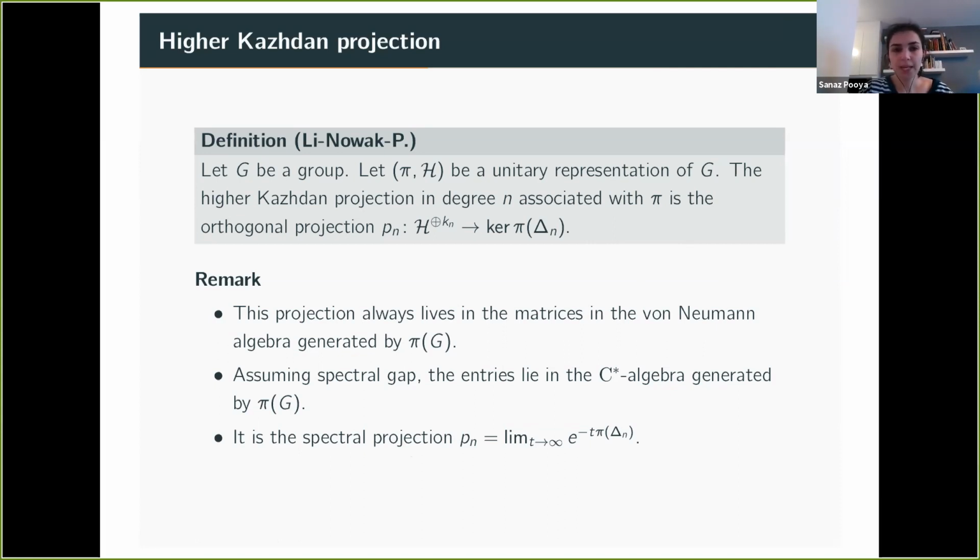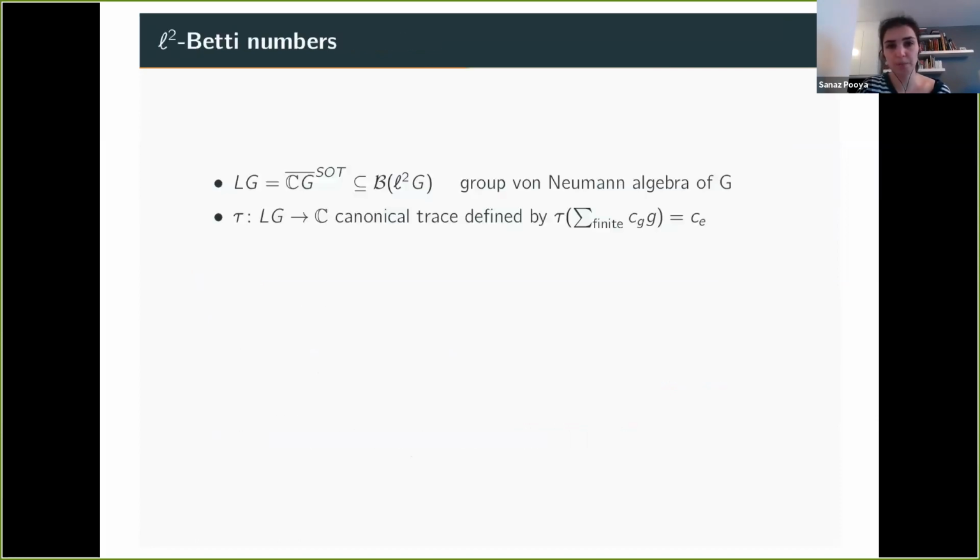Okay, so now I would like to introduce one more ingredient in order to be able to compute this Kazhdan projection and apply it to some natural settings. This ingredient is going to be the L²-Betti number.